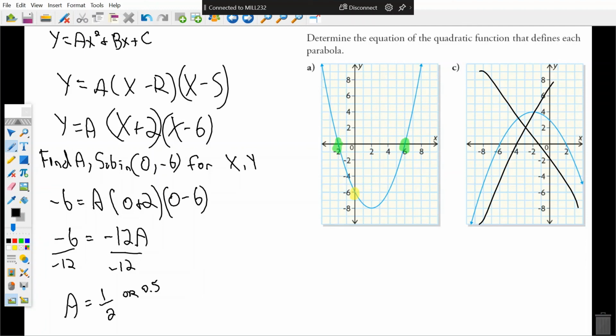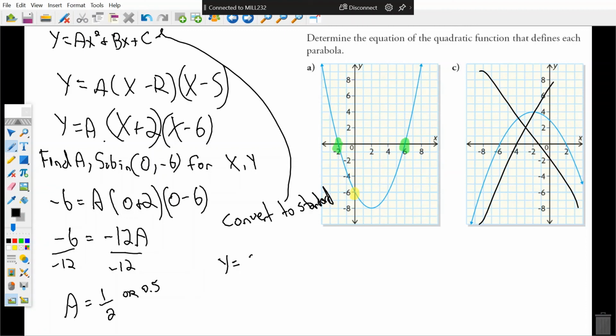Now that we have a, the last thing is to convert to standard form, which is the one that's way up here. So go back to right here, y equals a times x plus 2 times x minus 6, except now we know what a is.